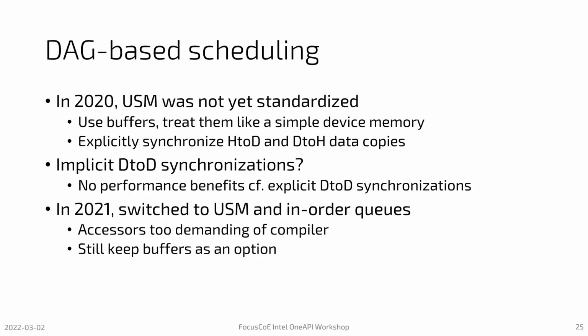We had register spilling, we had performance problems with accessors, but just passing USM pointers, that's easy. A pointer is not some complicated data structure. It has no range, it has no size, it has no nothing. It's just a pointer, so it doesn't use extra registers. It's really easy to optimize, and it doesn't require the compiler to do the impossible.